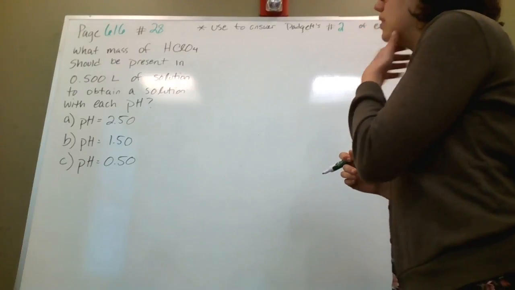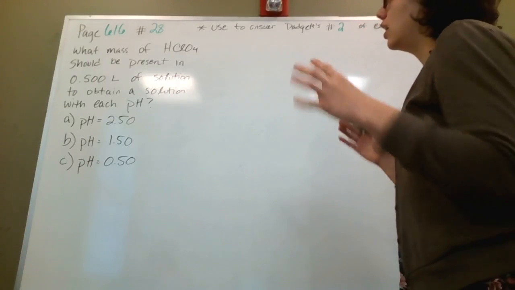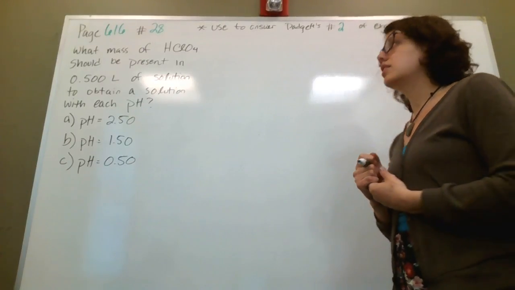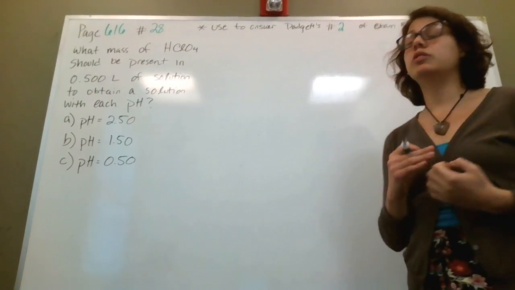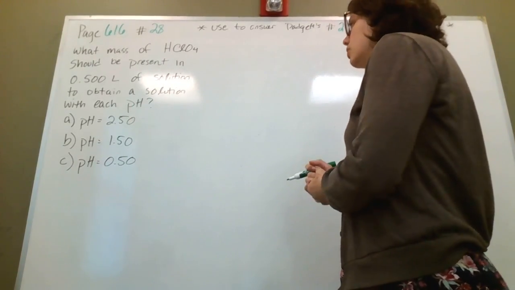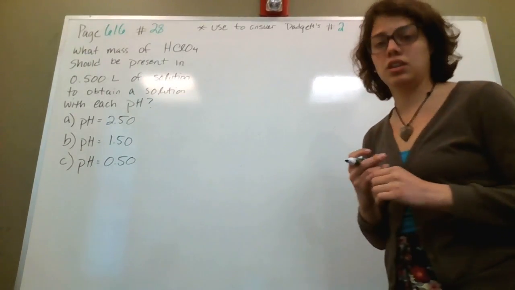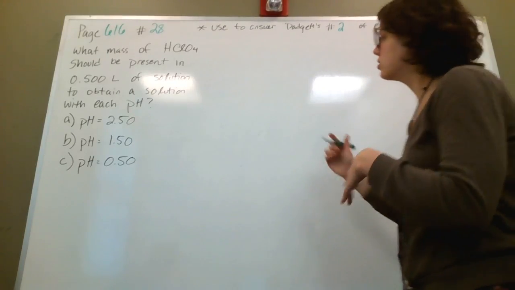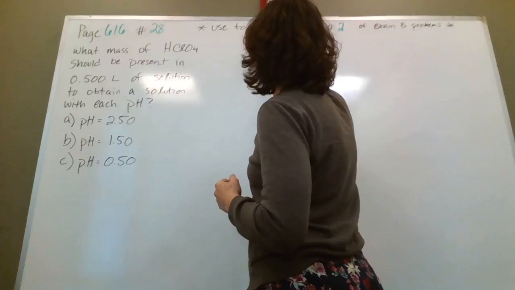So it's asking for mass, and mass will be in grams. And so you'll have to use your periodic table in order to derive the grams. But first, let's find the concentration of what we have here. So we have pH is 2.5.